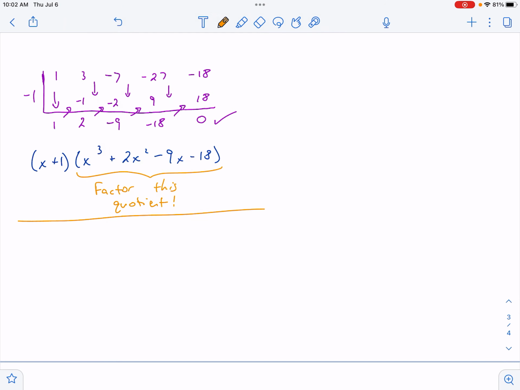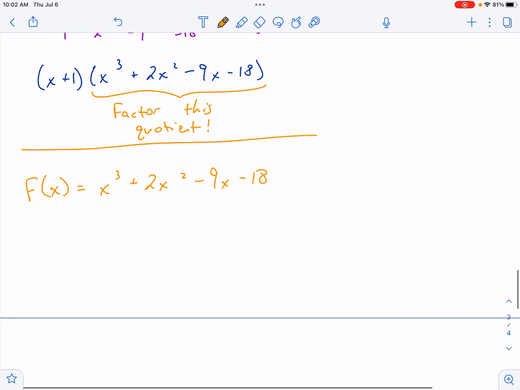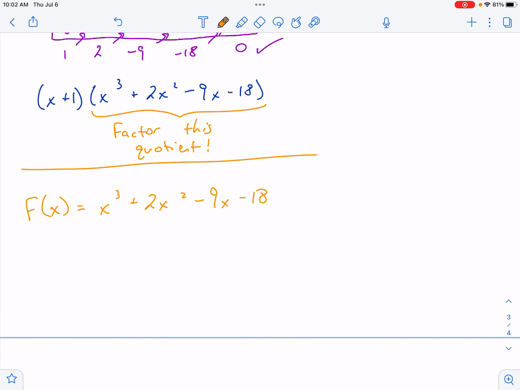I'll do this in orange. Set it equal to f of x. Let's try 1. And I'm just, you know what? I'm not going to try one because this is going to take so long.